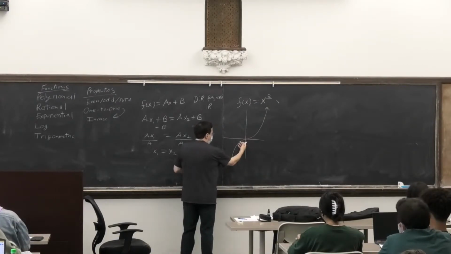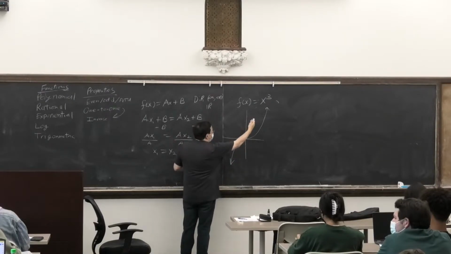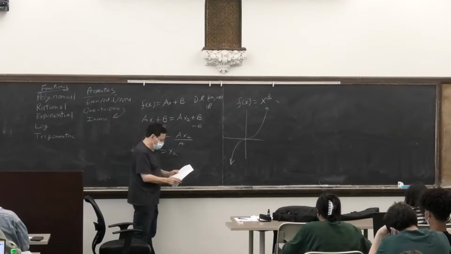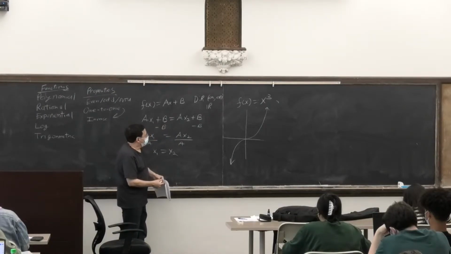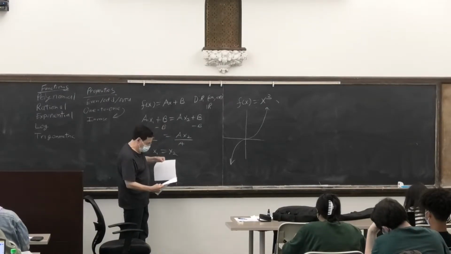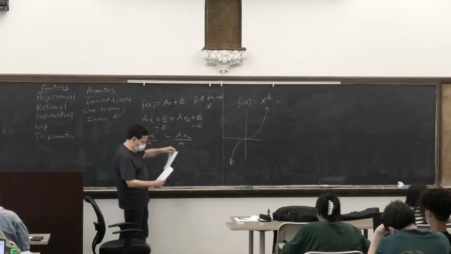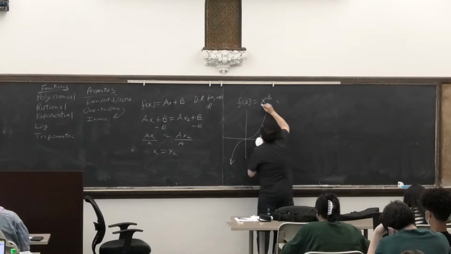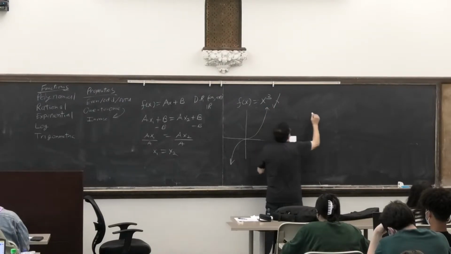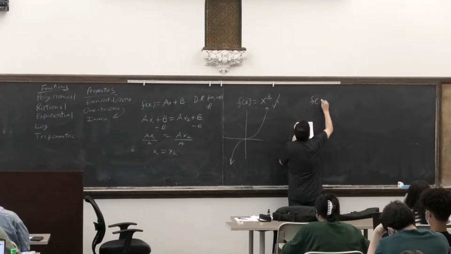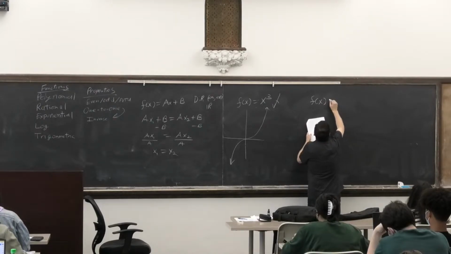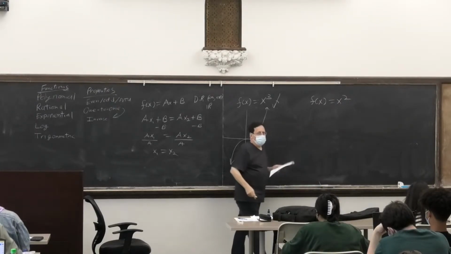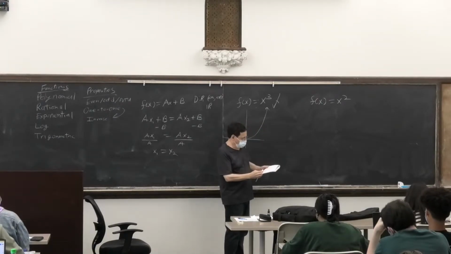As x becomes negative, x cubed becomes very negative much faster. This is a one-to-one function. This function, however, the way we normally define it, f of x equals x squared on all reals, it is not.